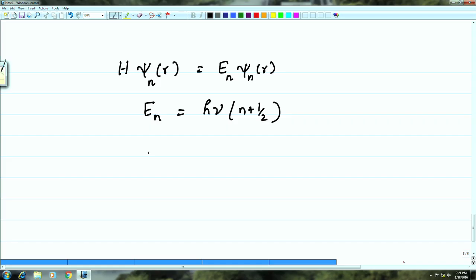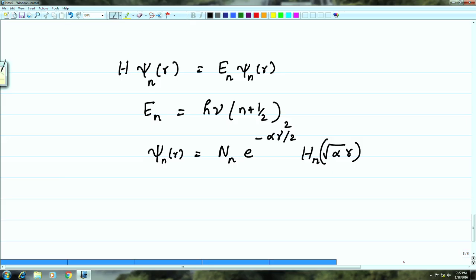The vibrational wave functions psi n of r are given by the Gaussian and the Hermite polynomials with a normalization constant, e to the minus alpha r square by 2 times H n of square root of alpha times r. So, this r is the actual displacement away from the equilibrium.